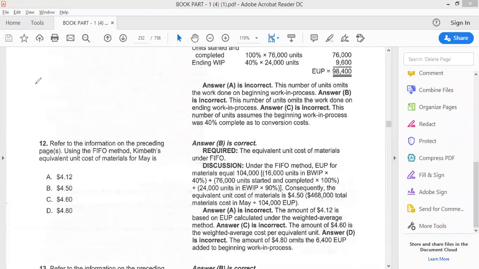Students, let me write the formula how to calculate the per unit equivalent material cost as per FIFO.